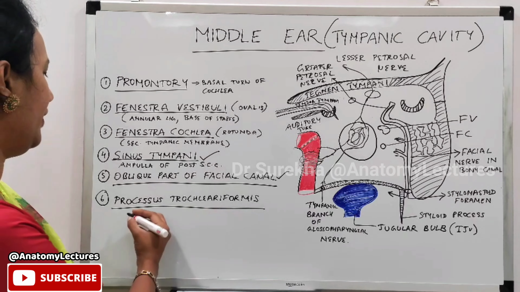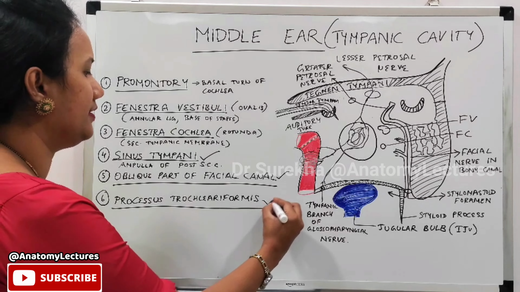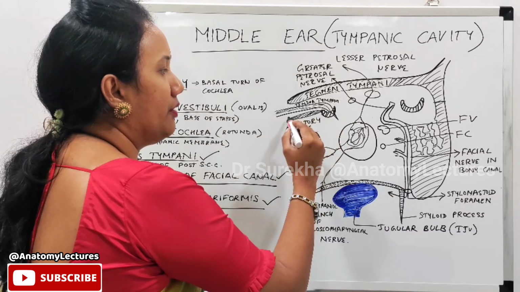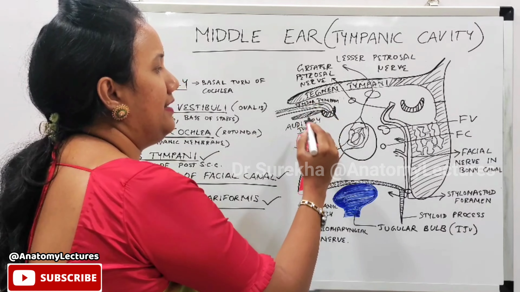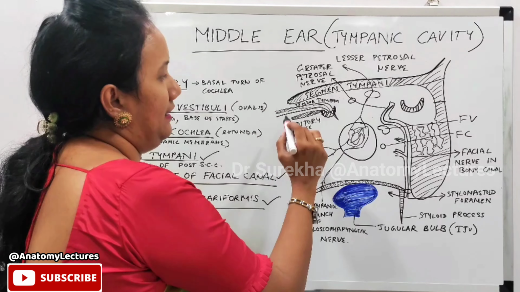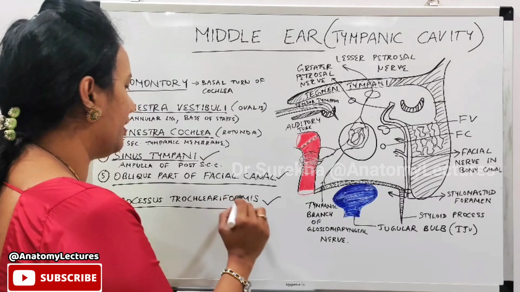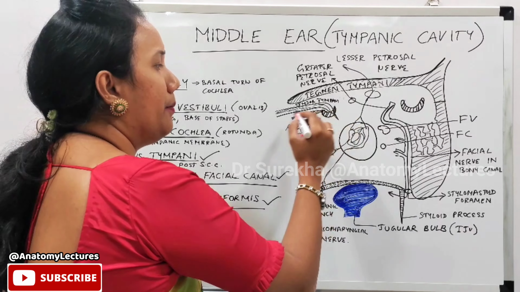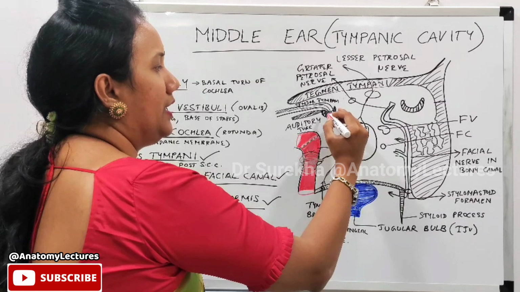And the other feature which we see is the processus trochleariformis. In the anterior wall, if you remember, we have seen two bony canals and a bony partition which separates these two canals. This processus trochleariformis is derived from the posterior extension of this bony partition.